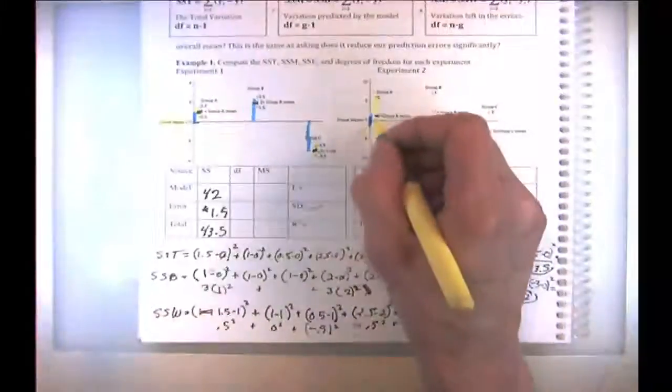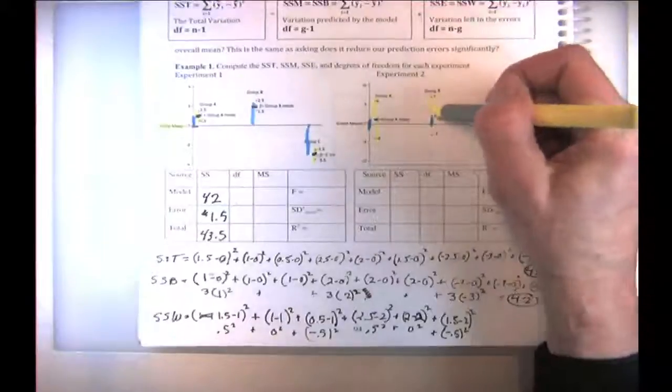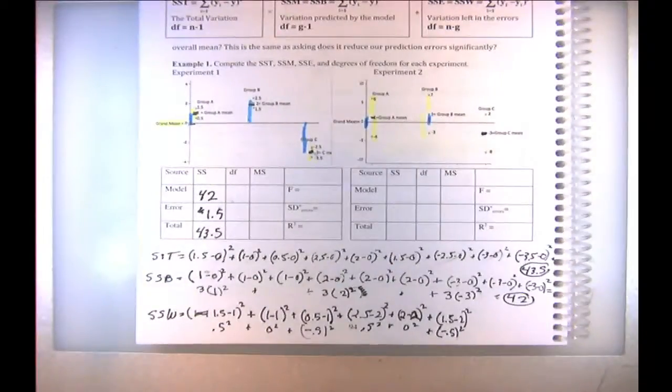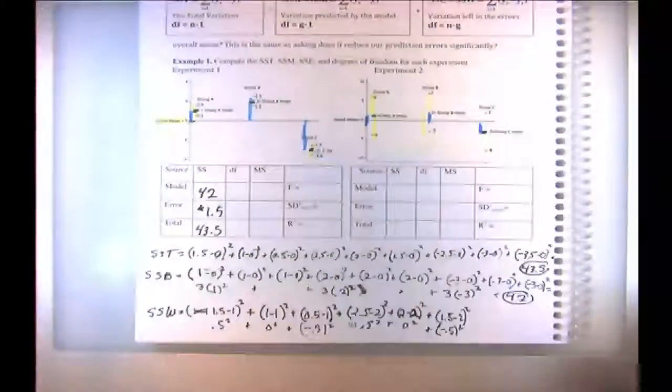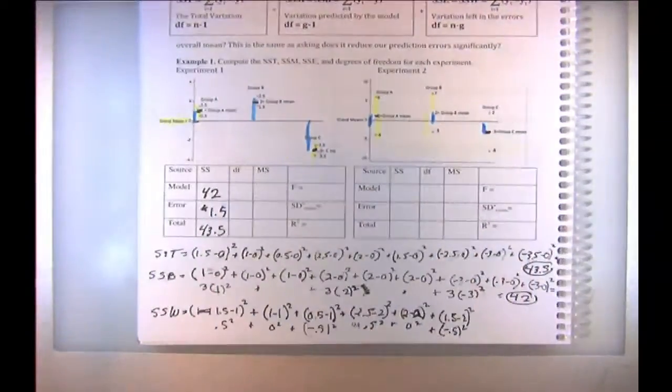And here your model's going to be the same, the 2. But now you have an error of 5 going this way and 5 going that way. And here your model's still 3, right? And your model's just your distance from the overall. But your errors are huge here, much bigger.